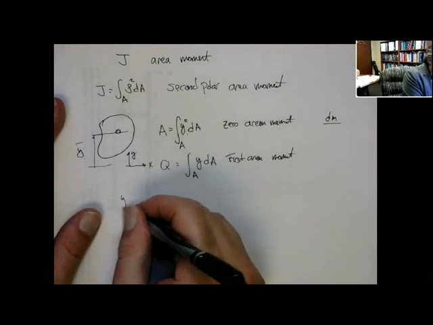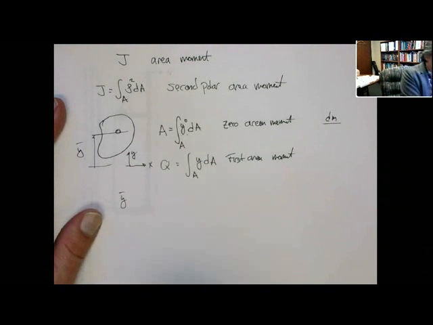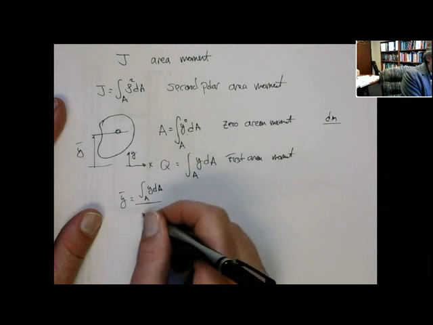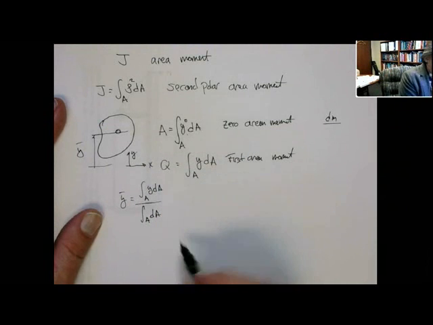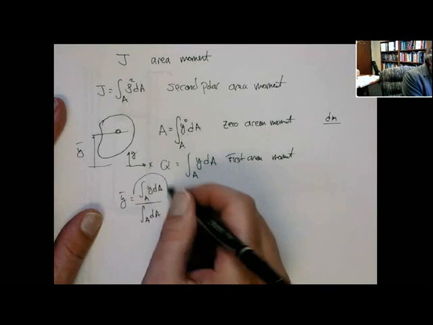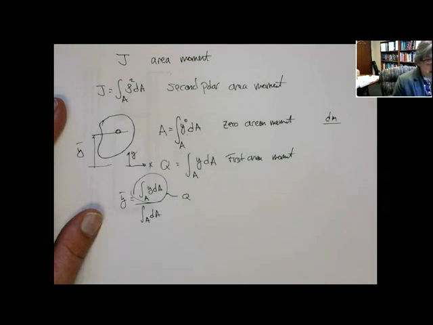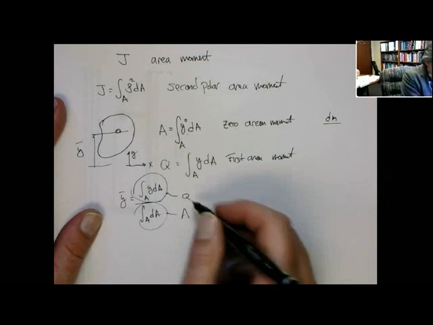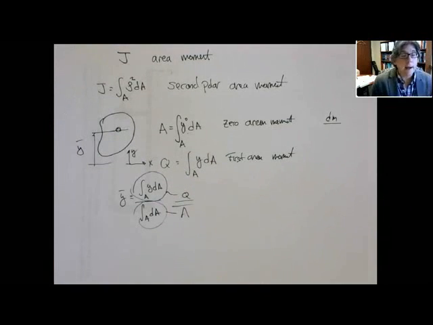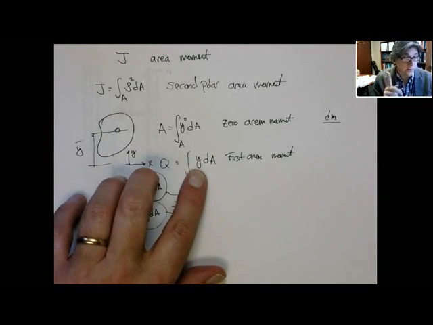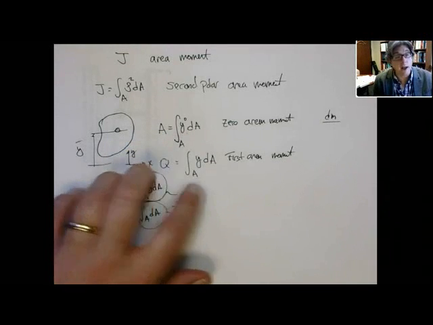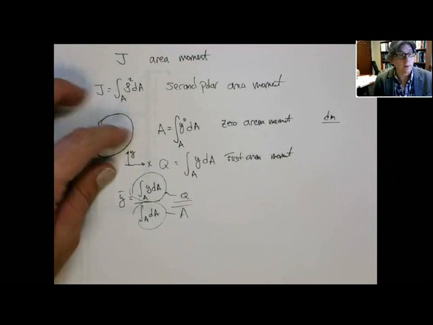So y prime is the integral over the area of y dA over the area. In the numerator, that's the first area, and the bottom one is the zero area. So here's a first area moment. It comes in when we talk about finding centroids. Its moment arm is to the first power, and here the moment arm is to the 0 power. This is y as sort of a moment arm.